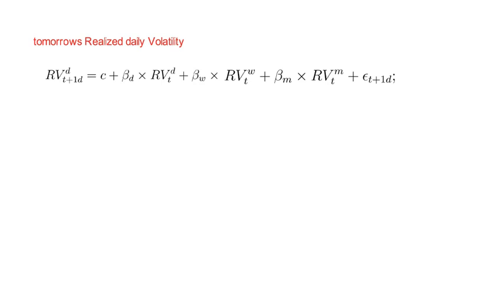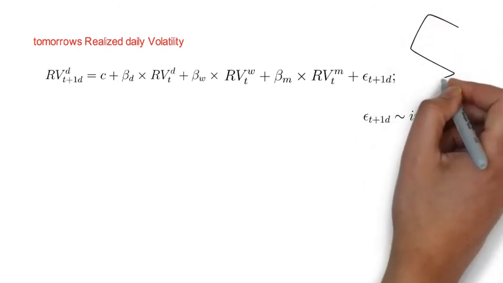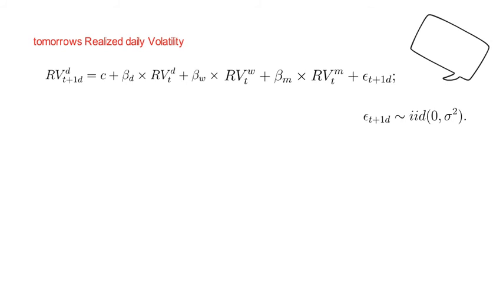Now I assume here for simplicity that the epsilon has an IID distribution with mean 0 and variance sigma square. Under that assumption, you can estimate the 4 plus 1 parameters of the model by OLS.